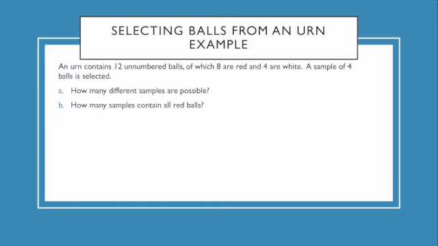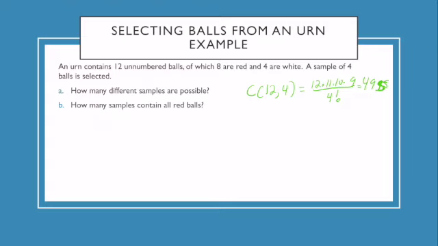Well, that's going to be 12 choose 4, which is 12 times 11 times 10 times 9 over 4 factorial. That gives us 495. So there are 495 different samples I could possibly choose.